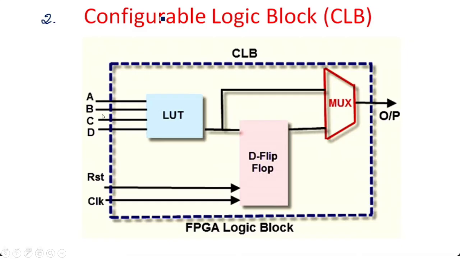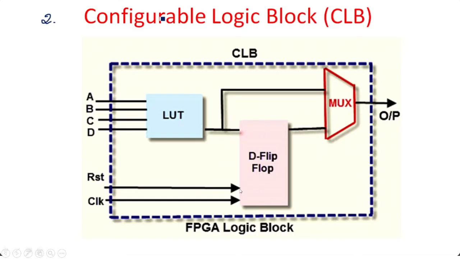Okay, so how many inputs are possible? So that means four inputs will be possible for the lookup table. This is one CL. Okay, and suppose you want to design a sequential circuit. A sequential circuit is a combination of combinational circuits and flip flops, no. Combinational circuits are designed with the lookup table, and a flip flop is designed by using D flip flop.